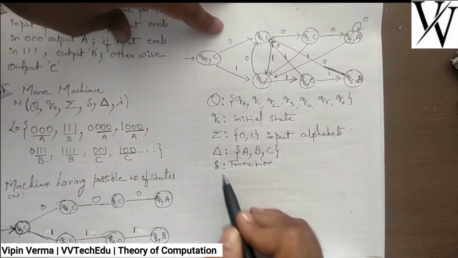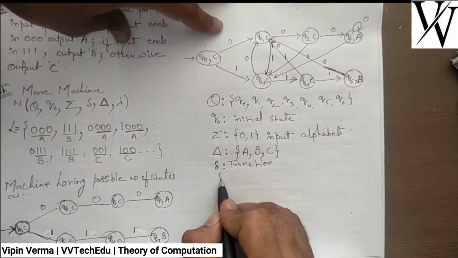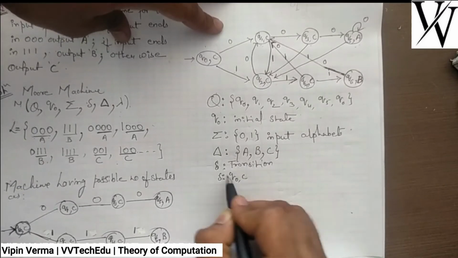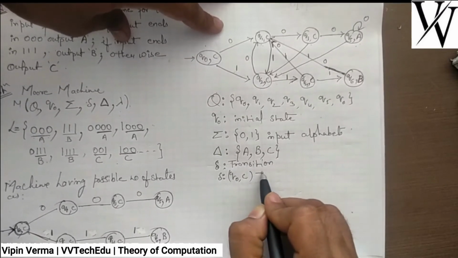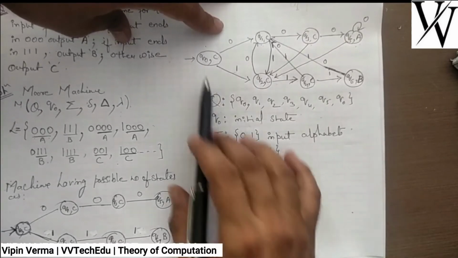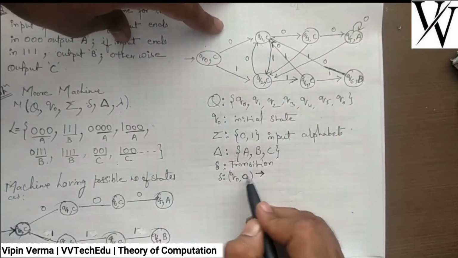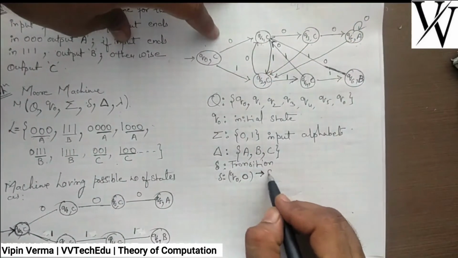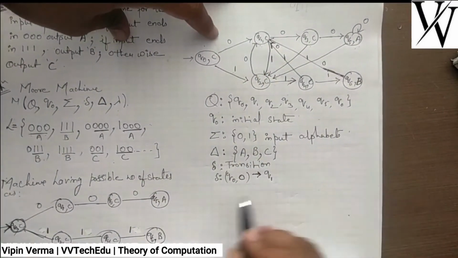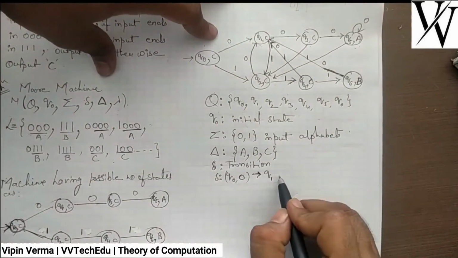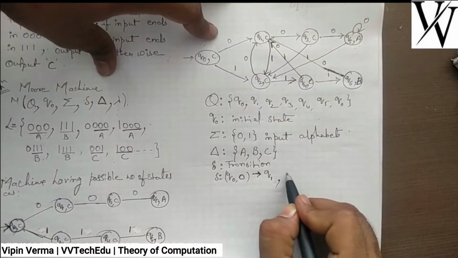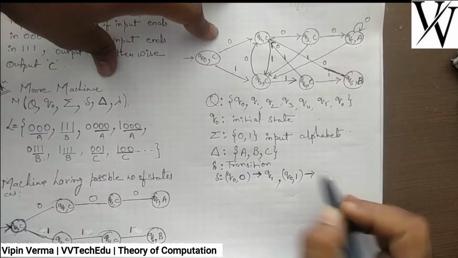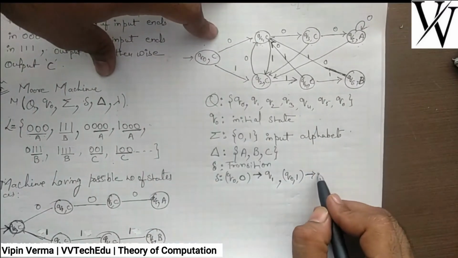Okay, so the transitions are: Q0 with input 0 moves towards the Q1 state. Then Q0 with 1, the next transition is up to Q2.